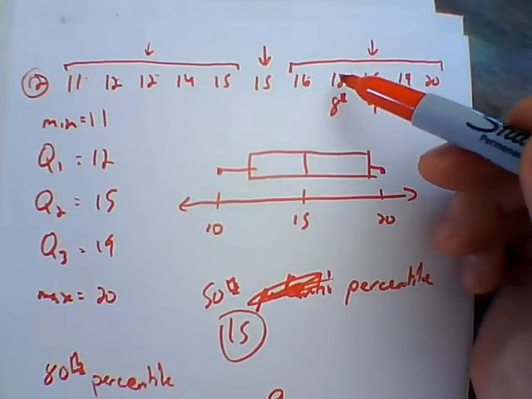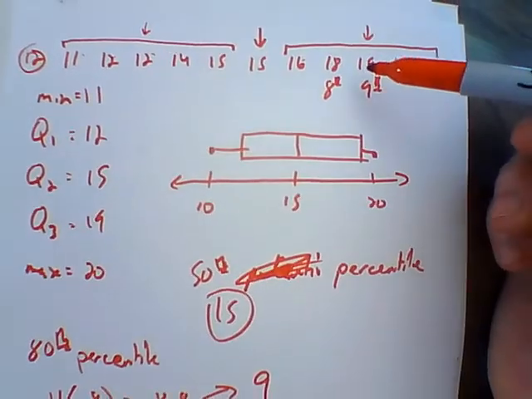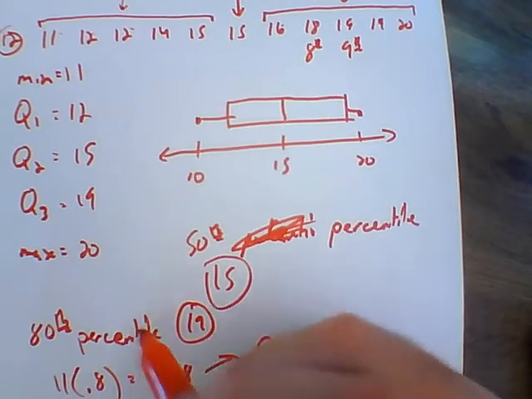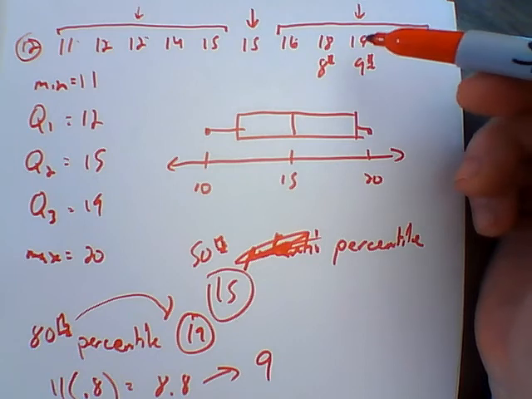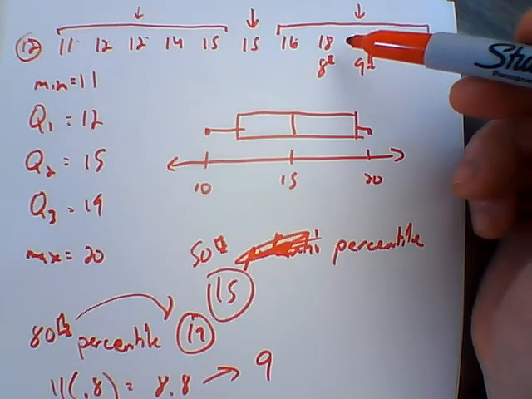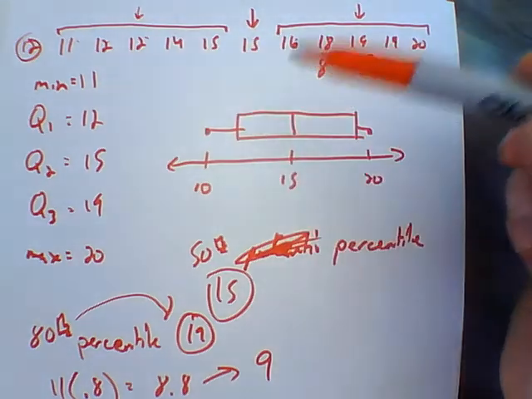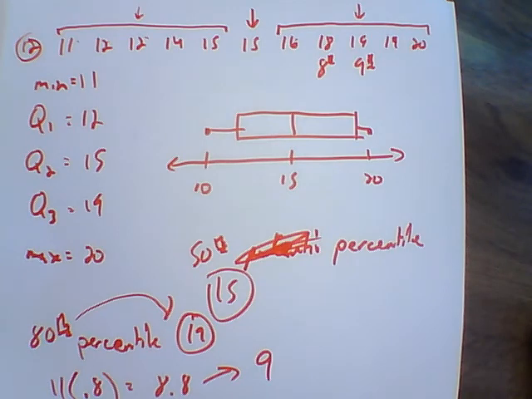If I select this 8th, that means everything below this, and I want the 80th percentile, so I have to use some rounding judgment in here, in which then I would state that 19 is the 80th percentile. Once again, because the 80th percentile means that 80% of the numbers are below this. So 8 out of those 11 are below this. This is a very small set of data, so there is some discrepancy, but always remember the percentile talks about what's below those numbers, and that's what we're referencing.